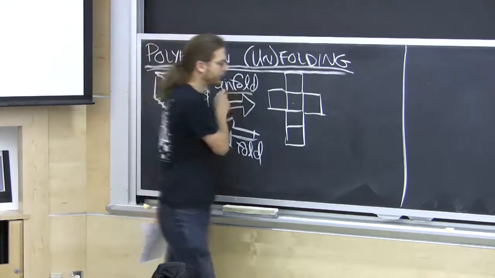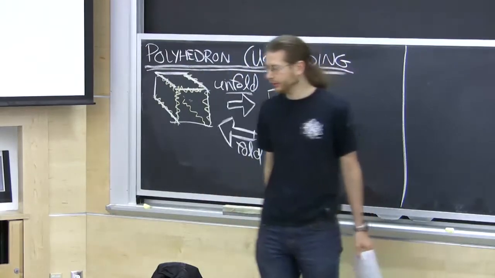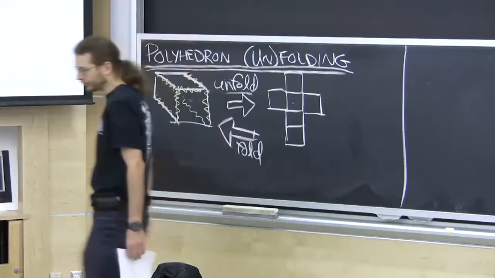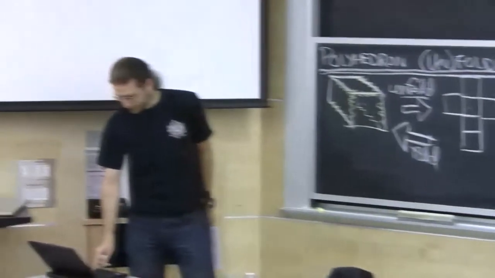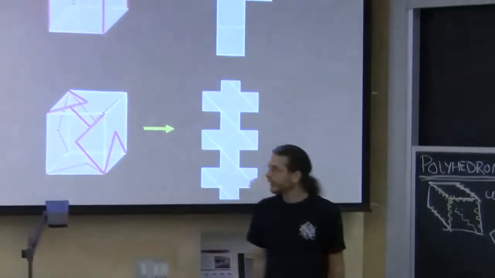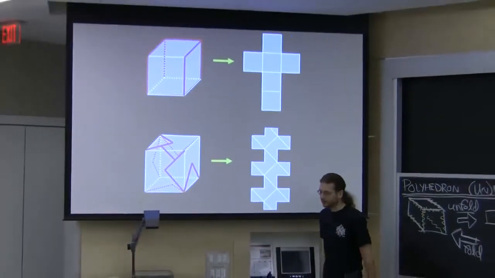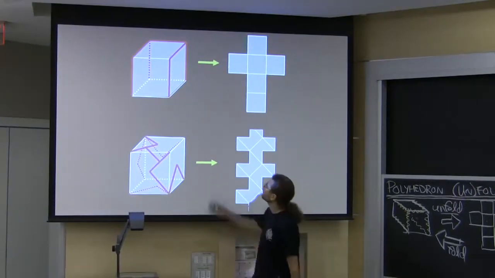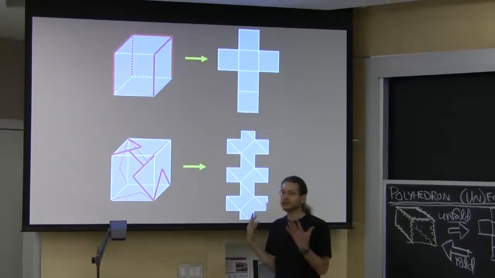Okay, so today and the next couple lectures will be all about unfolding, and then eventually we will turn to the reverse problem, the folding problem. And there are sort of two kinds of unfolding. The one that I just drew is an edge unfolding because it only cuts along edges.